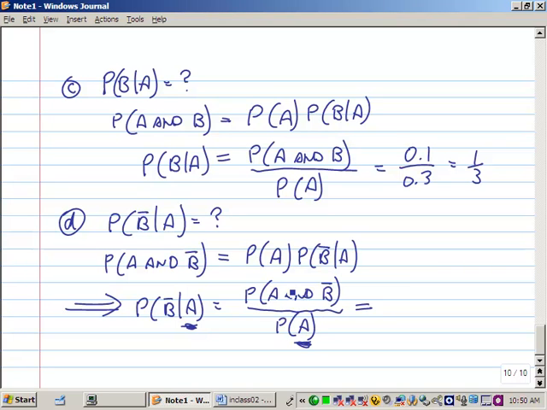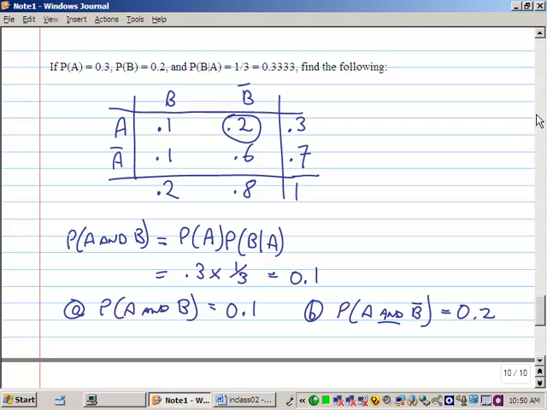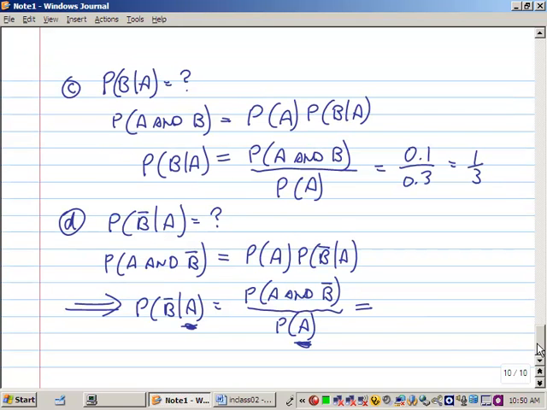So let's go back to our table and find the probability of A and B bar. A and B bar is this number that's circled here, divided by the probability of A. Well, it's still 0.3, and that's 2/3. And why did I do C first before D?